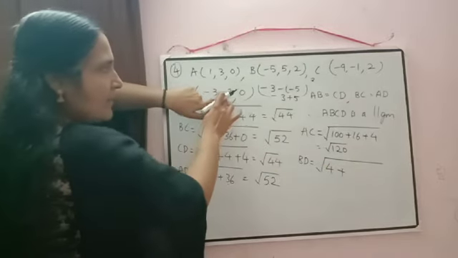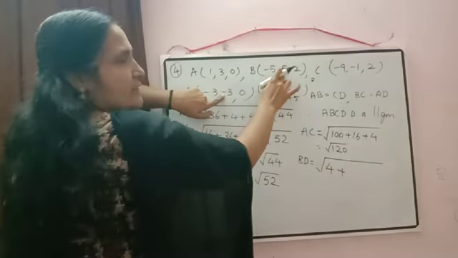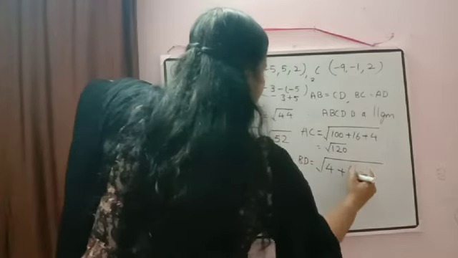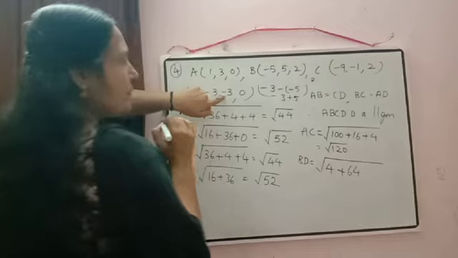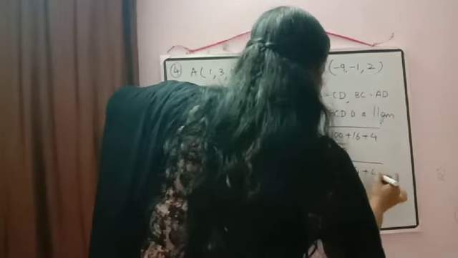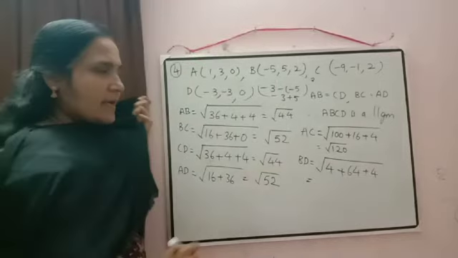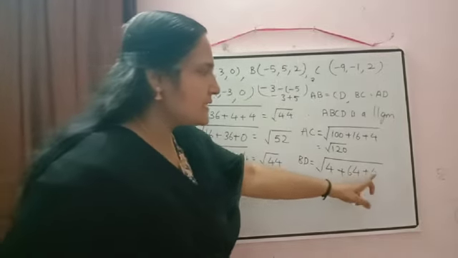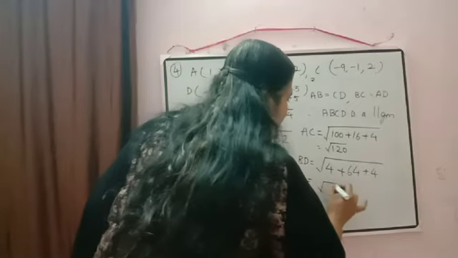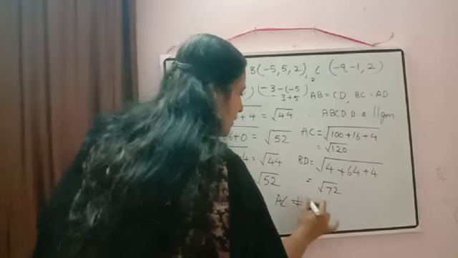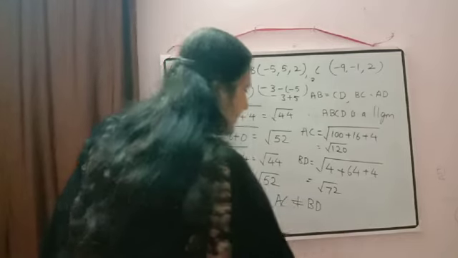Plus minus 3 minus 5 is minus 8, square is 64. Plus 0 minus 2, minus 2 the whole square is 4. So what we are getting here? 64 plus 4 is 68, plus 4 is root 72. So we are getting AC not equal to BD.